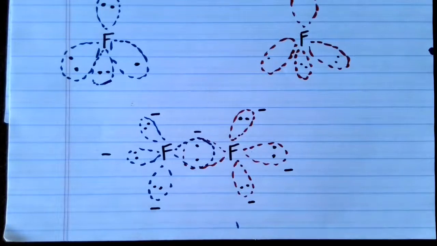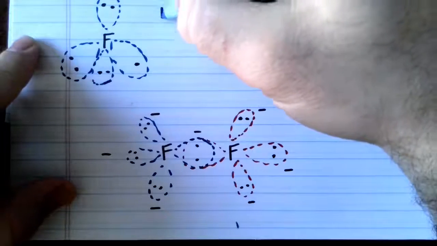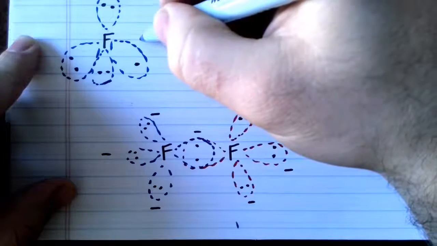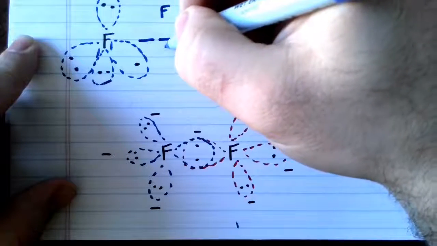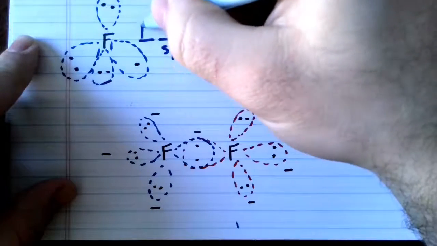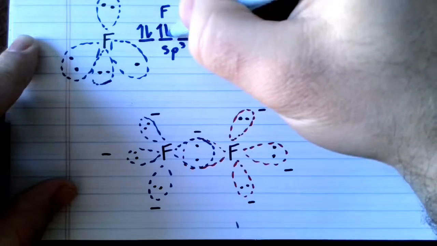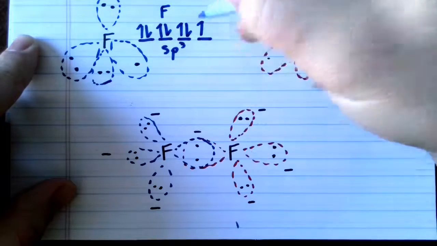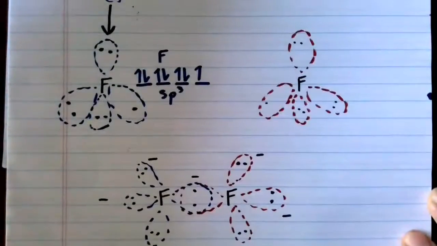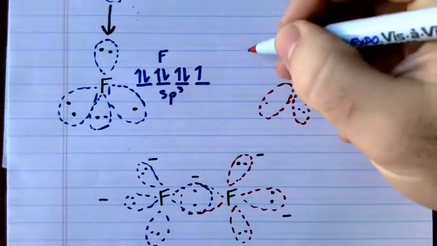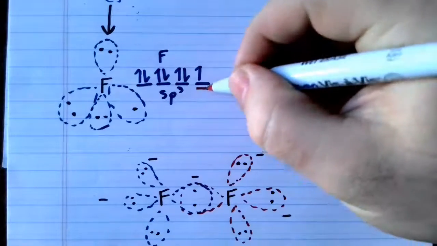And so my total electron cloud, my total hybridization, is really going to look like this. Got my fluorine here. I've got my 4 orbitals, my sp3 orbitals, all of my blue electrons in place. Let's move this down a little bit. Then my red fluorine is going to overlap.